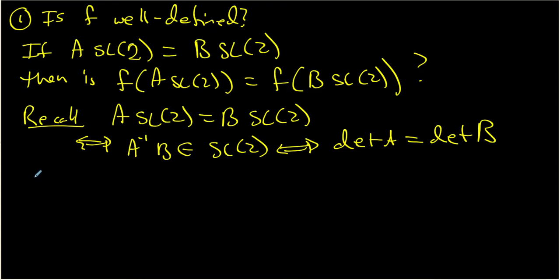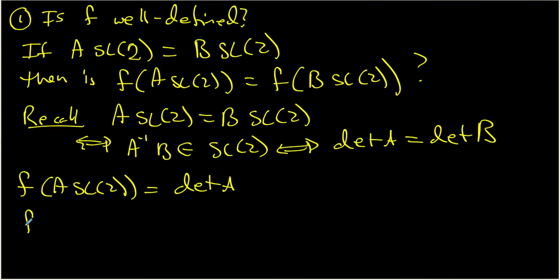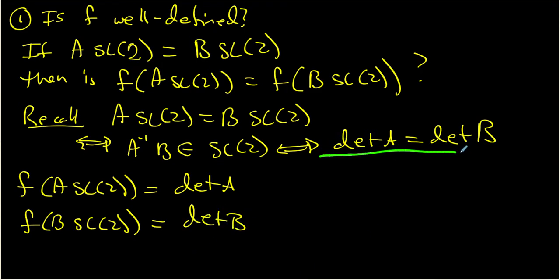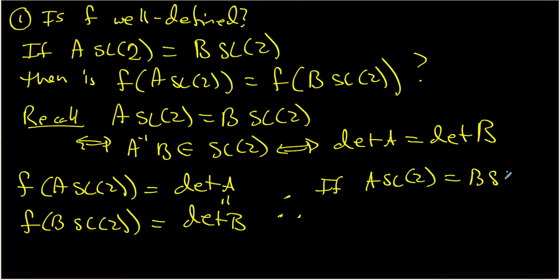So f of this particular left coset name will be the determinant of A. F of this coset name is the determinant of B. But by this fact right up here, we know that these two things are indeed equal to each other, and therefore we can say that if the two left cosets are equal, then f gives me the same answer, regardless of which name I use.